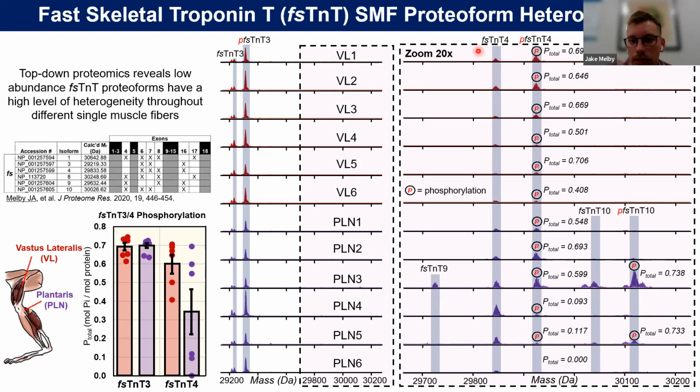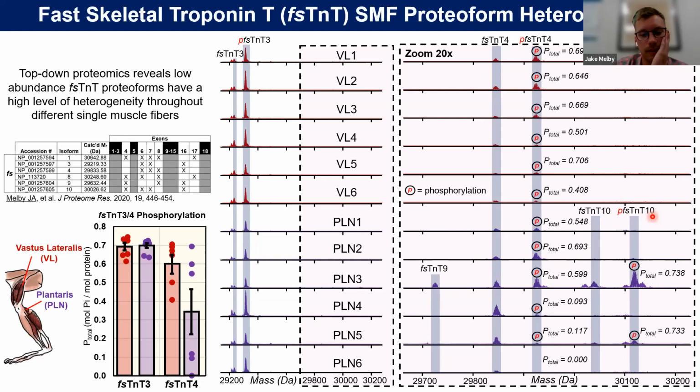I'll navigate everyone through this figure, but we've zoomed in 20 times from this spectrum. And now we see the presence of fast skeletal troponin T4, as well as its phosphorylated form, fast skeletal troponin T9, and troponin T10 in its phosphorylated form.